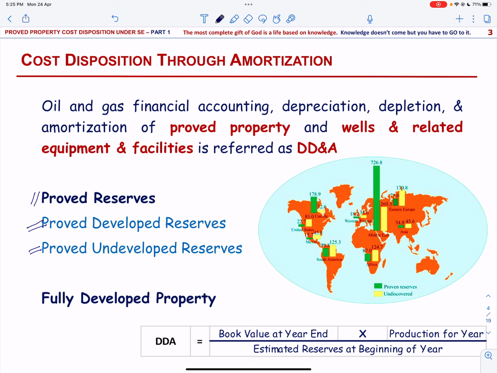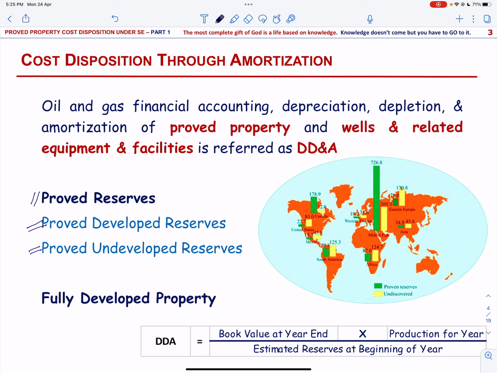In successful efforts companies, acquisition costs are of two types: cost of proved properties and the cost of wells and related equipment and facilities. Both costs are amortized to become part of the cost of oil and gas produced. Only proved reserves are used to amortize the acquisition cost.